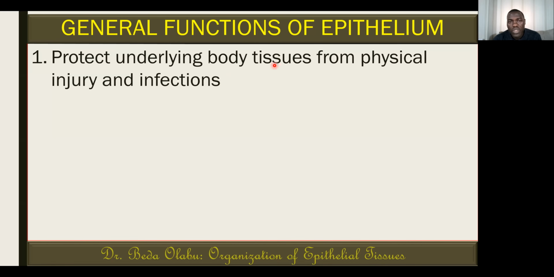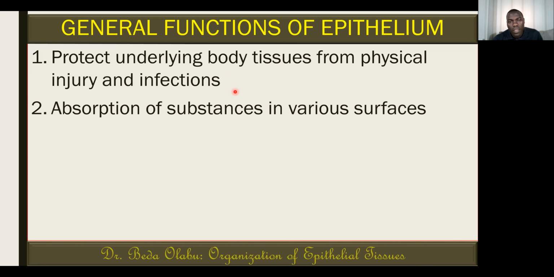Epithelial tissues are also important for absorption of substances from various surfaces, for example, in the intestines, in the urinary passages, and the like. Epithelial surfaces are absorptive.